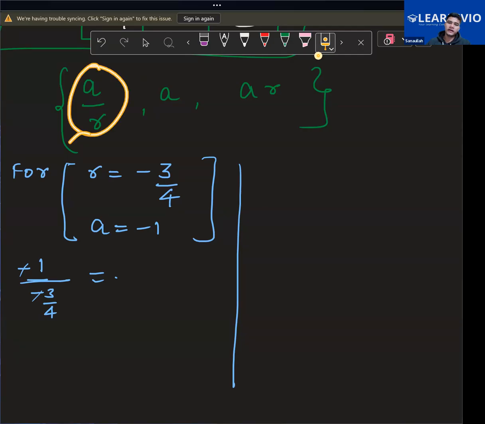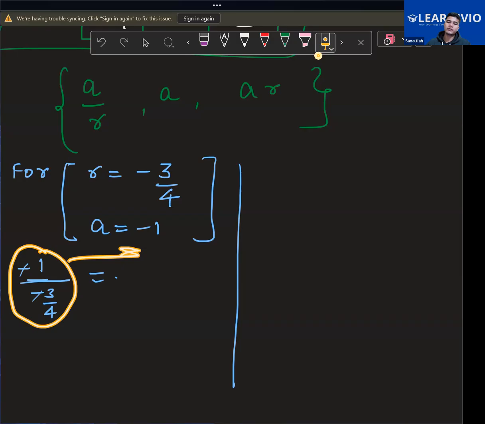So a is minus 1 and r is minus 3 by 4. The minus signs will get cancelled out and I have 1 upon 3 by 4. We just have to simplify this. I can write it as 1 divided by 3 by 4, so it will be 4 by 3.